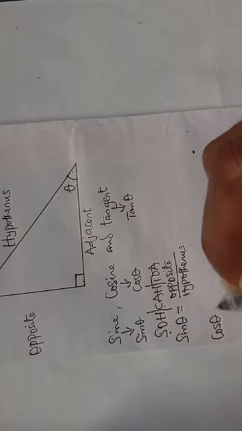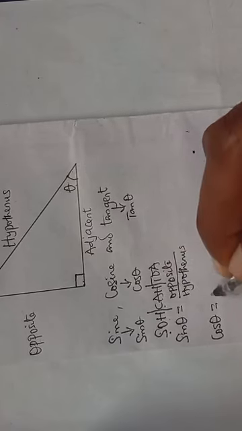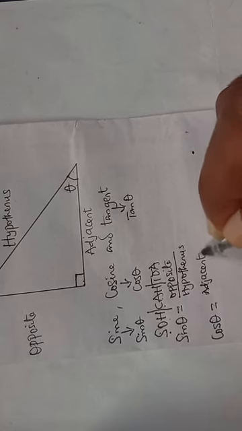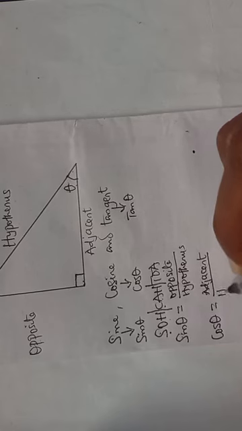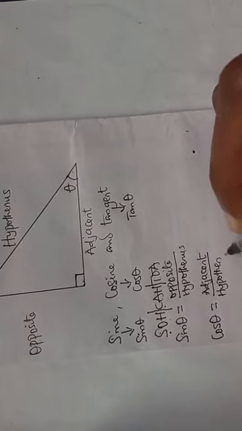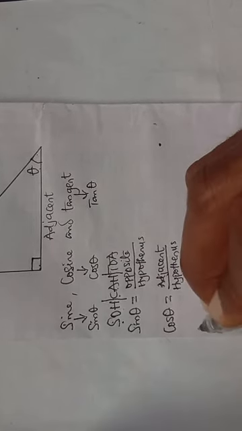Cosine theta is equal to adjacent over hypotenuse. Then the last one is tangent with its formula.